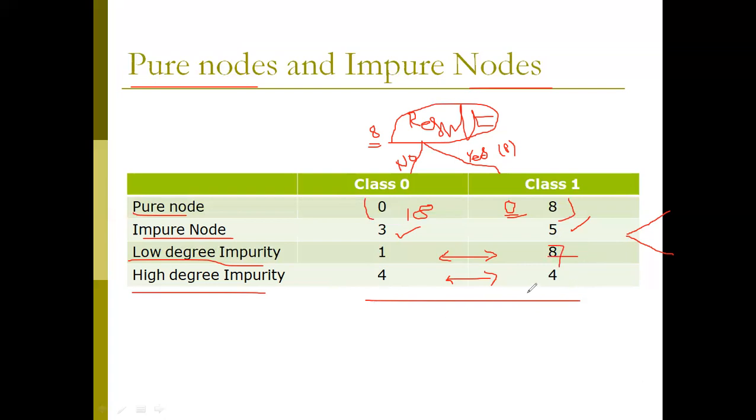Suppose 4 and 4, here the difference between these two class labels is 0, isn't it? So these kinds of nodes are called high degree impurity. Clear? So: pure node, impure node, low degree impurity, and high degree impurity. Based on these tests only, we are going to construct a decision tree in Hunt's algorithm, right?